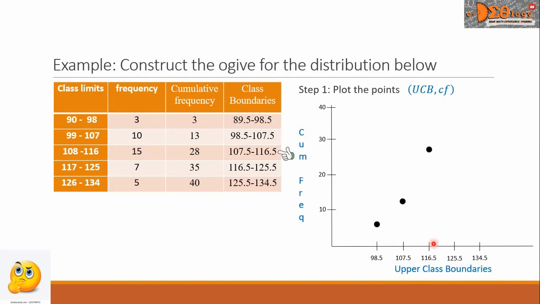The third point is 116.5, 28. This is the point. Next is 125.5 and 35. Here is that point. The last point is 134.5, 40. Here is the point.